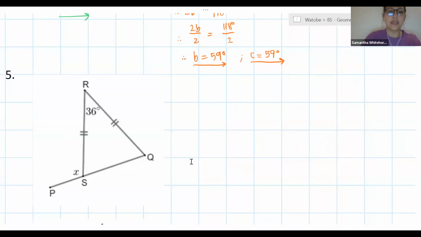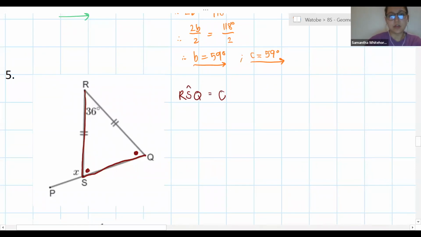Okay, so let's start by saying that this angle is equal to this angle, as you've just told us. So basically now, guys, remember we need to be careful with labeling our angles here. This is angle RSQ is equal to angle Q. I don't have to worry about labels there because there's just this angle at Q. And we know that's because of angles opposite equal sides.